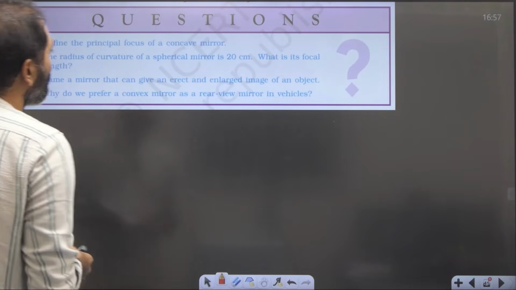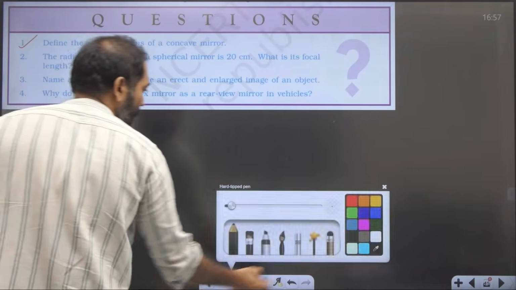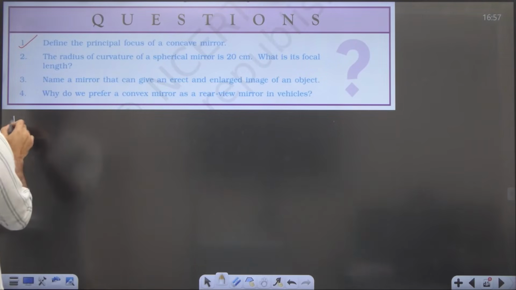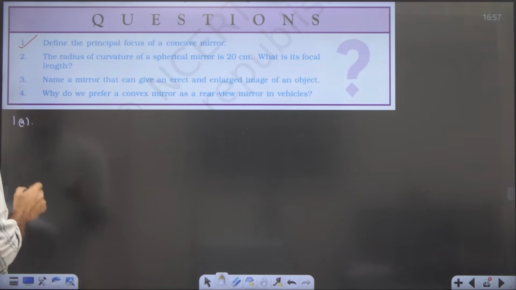Define the principal focus of a concave mirror. Okay, I will answer it here. First question answer. What is the principal focus of a concave mirror?